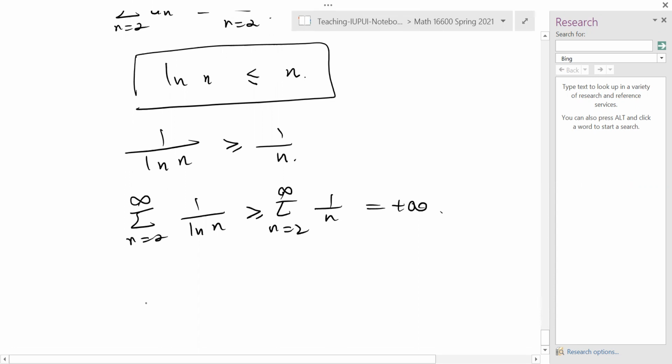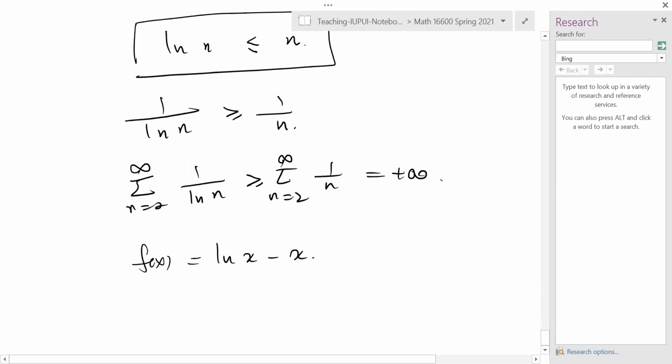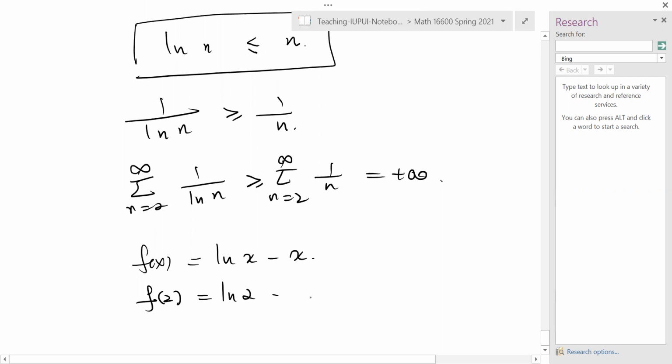Well, I have to look at the function f(x) equals natural log x minus x. I know f(2) is natural log 2 minus 2, and this is less than 0. Then you say, how do I know that?